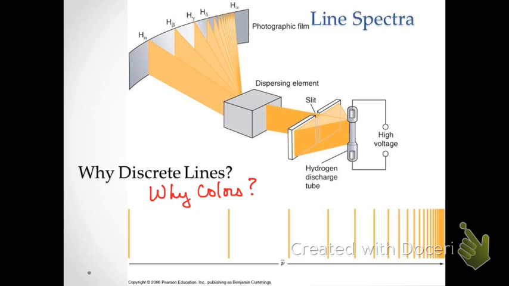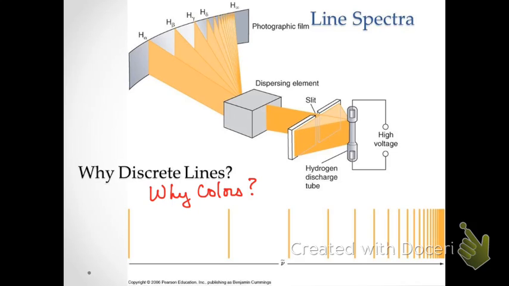And this is something that explains colors. That's why different substances are different colors, because they don't emit or reflect or absorb all wavelengths of light, but only very specific ones. If all the wavelengths of the visible spectrum were emitted, then we'd just see white.